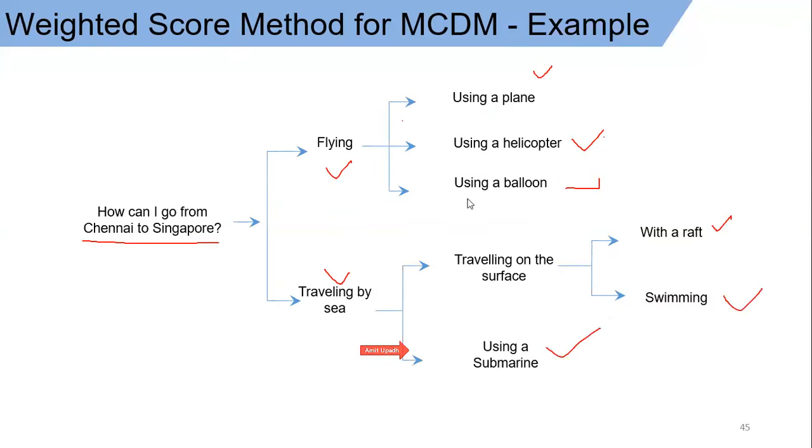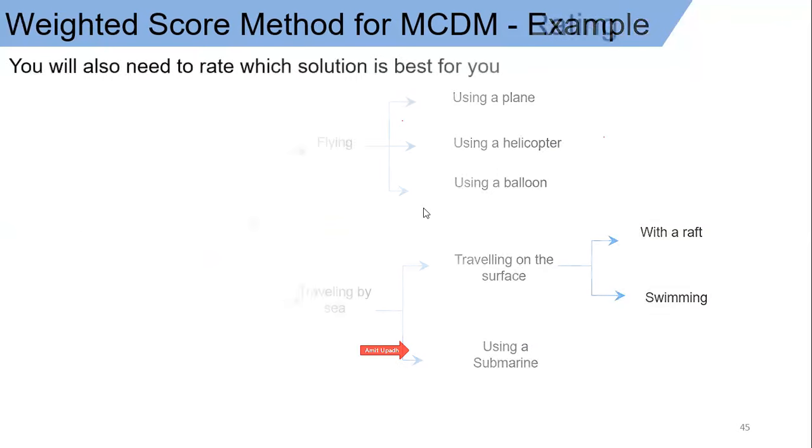Sounds crazy, but suppose you've got all of these ways of getting from Chennai to Singapore, how do you decide which one works for you and which one does not? And that's where the weightages and the criteria come into the picture. So let's go ahead.